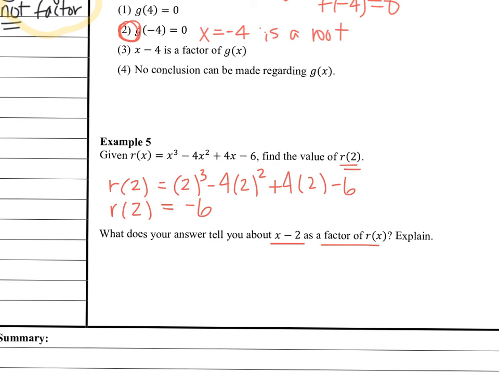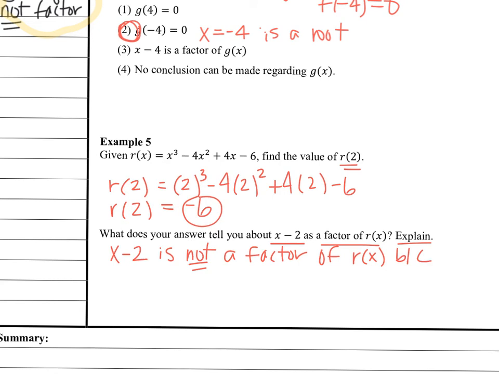Well, is it or is it not a factor? We have to explain. x minus 2, if it doesn't equal 0 here, then it is not a factor of r of x, the polynomial given, because when x equals 2 is plugged in, it is equal to negative 6.